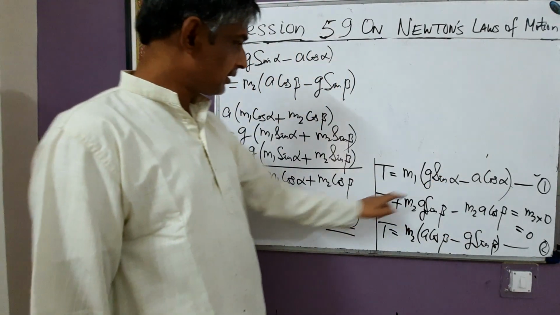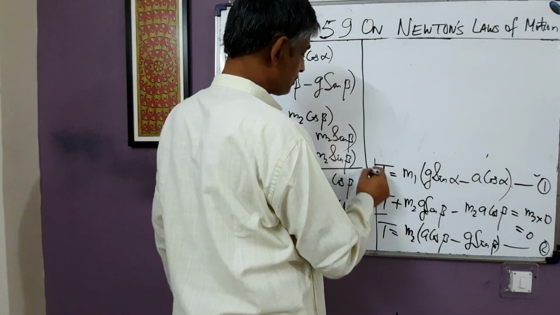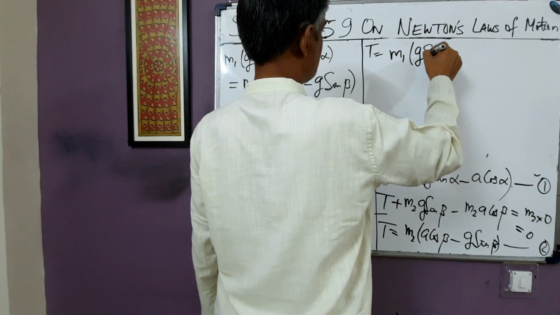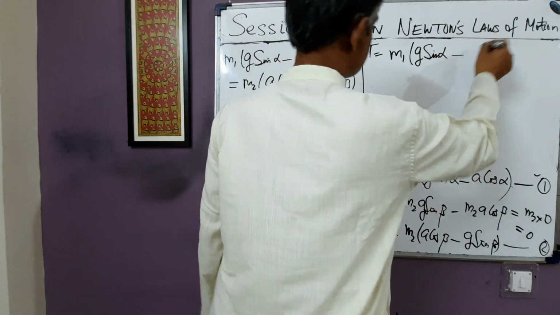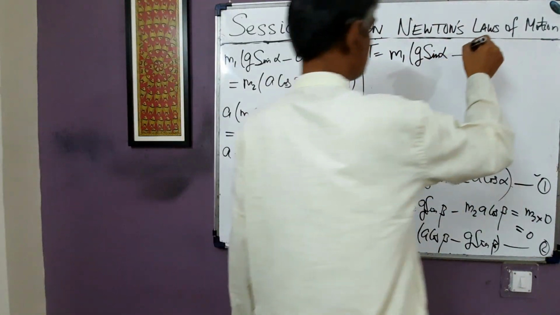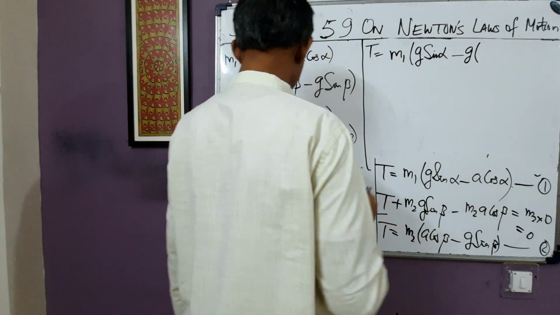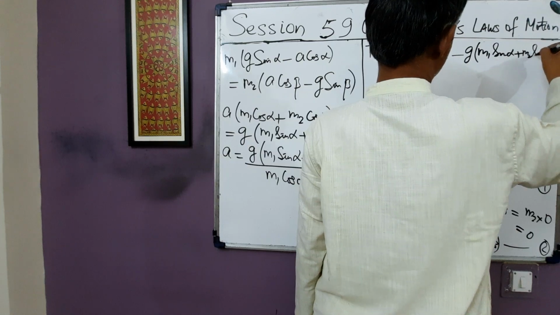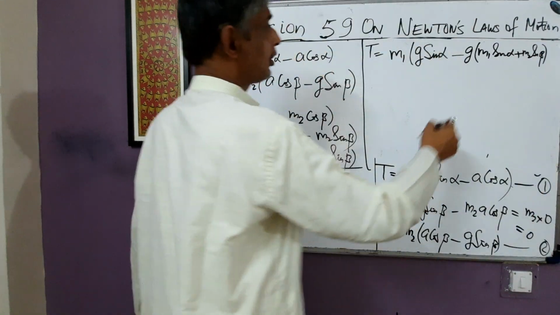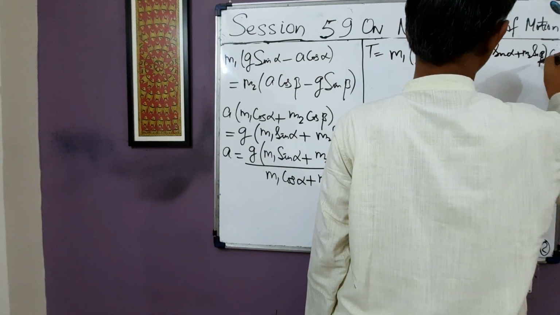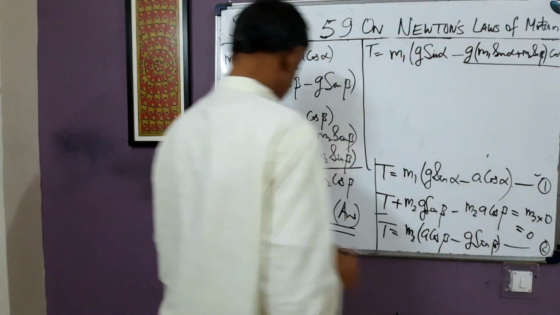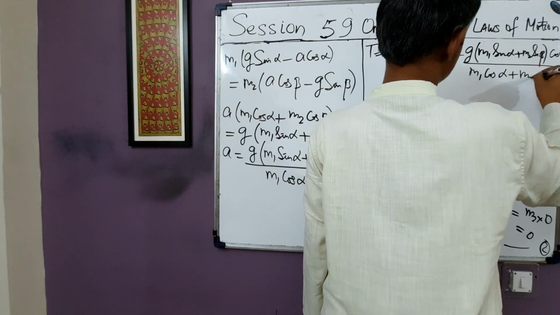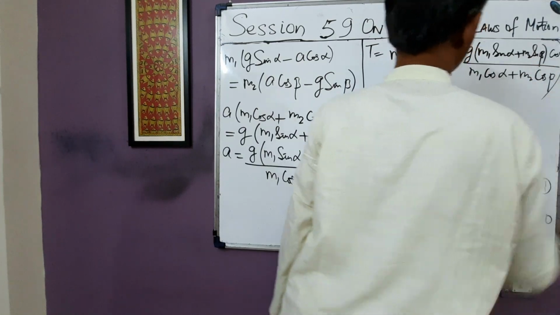I substitute it in the first equation. So T becomes M1 times g sin alpha minus A cos alpha, where A is g times M1 sin alpha plus M2 sin beta, into cos alpha, upon M1 cos alpha plus M2 cos beta.